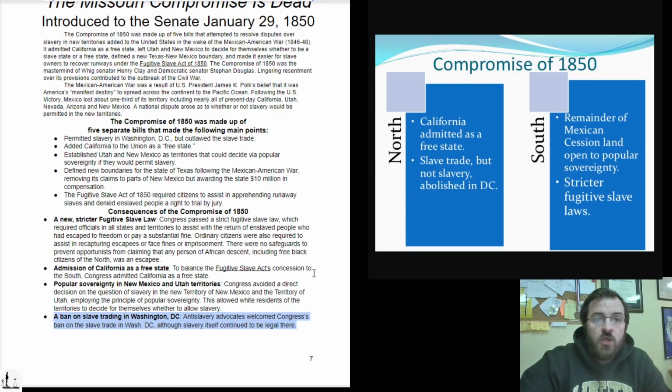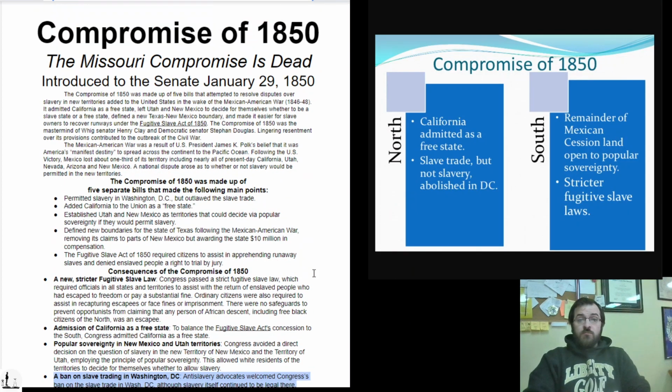So if we're going to make this all very, very simple, basically in the North, they got two big things. California becomes a free state. Yay! Representation in the Senate. Slave trade, but not slavery, is abolished in D.C. That's what the North gets. The South, what do they get?